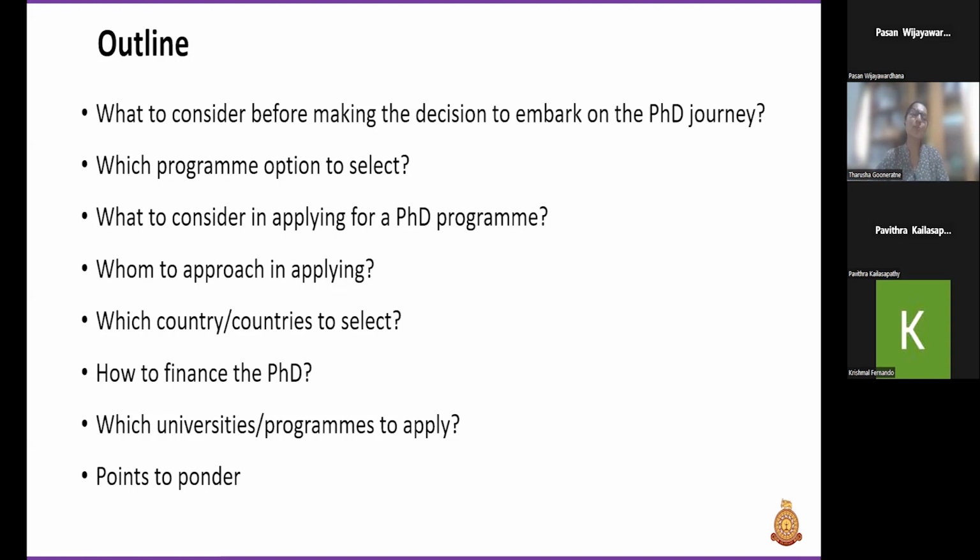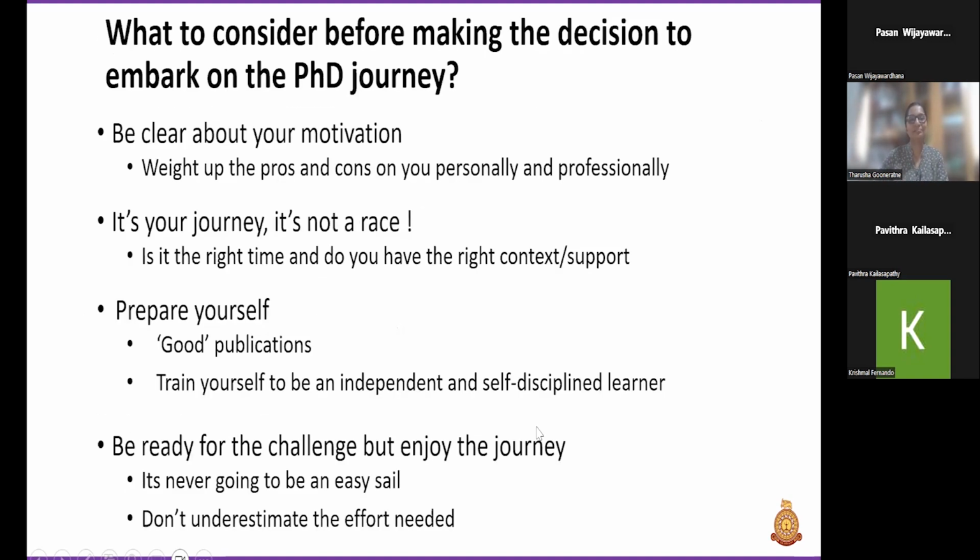So while there is no one correct answer, we will try to shed some light on these aspects so that you know the options available and make a more informed decision in the future about these particular areas.